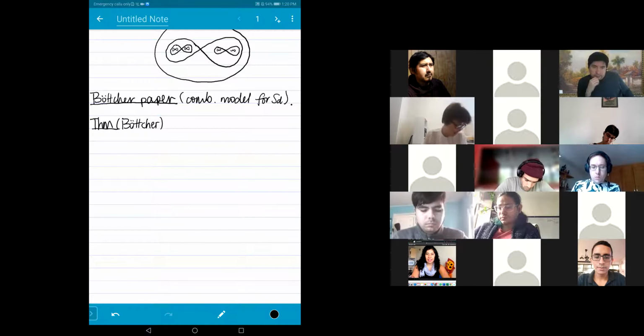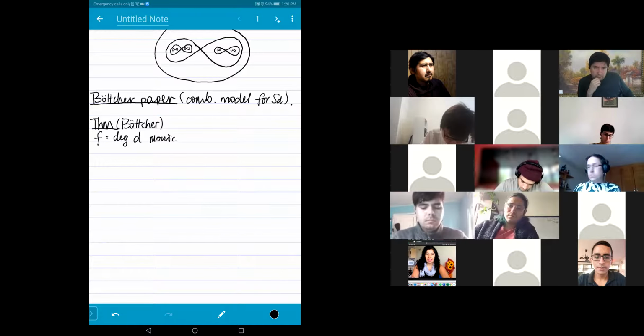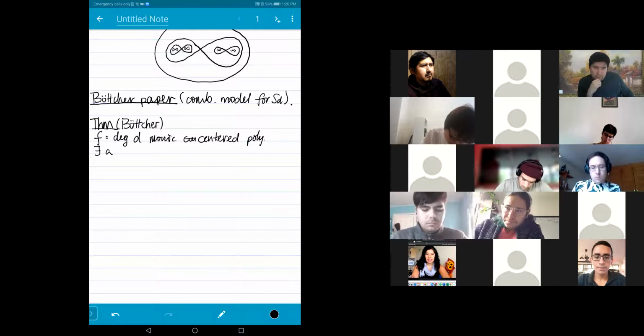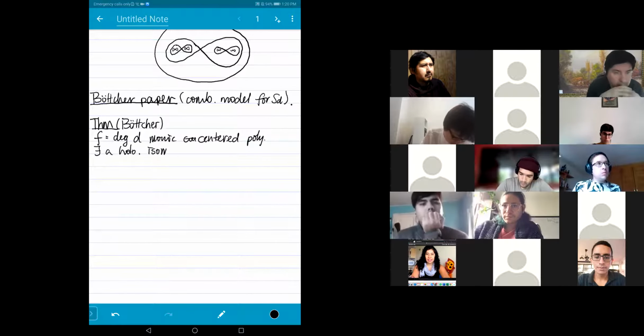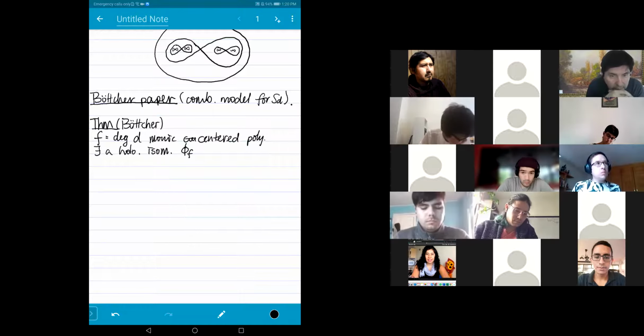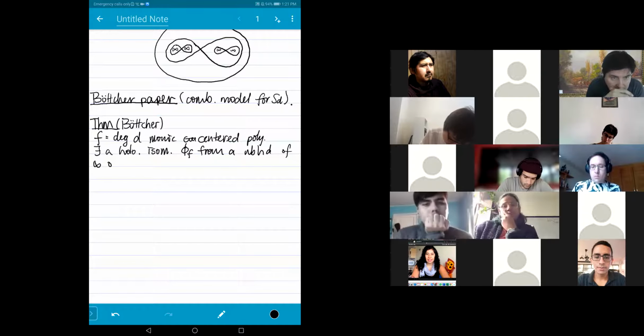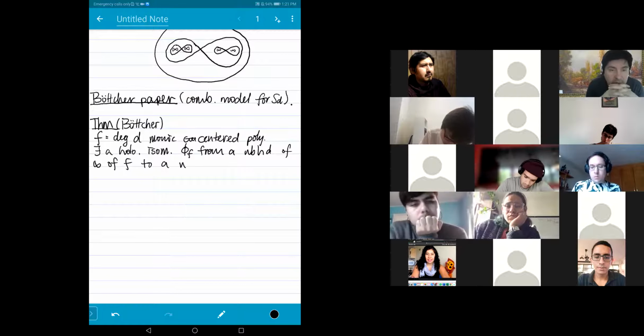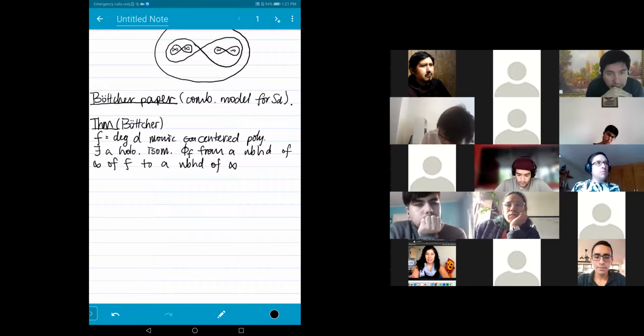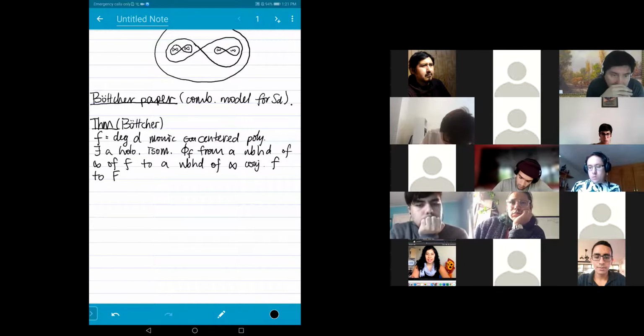which says the following. So if f is a degree d monic and centered polynomial, then there exists a holomorphic isomorphism phi sub f from a neighborhood of infinity of f to a neighborhood of infinity, conjugating this polynomial to the standard map, which is just z goes to z to the d.